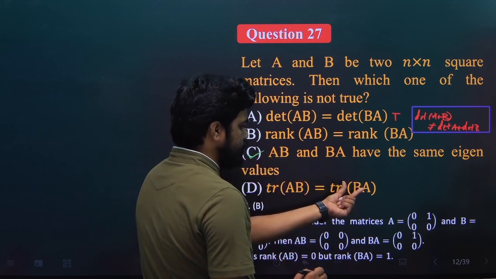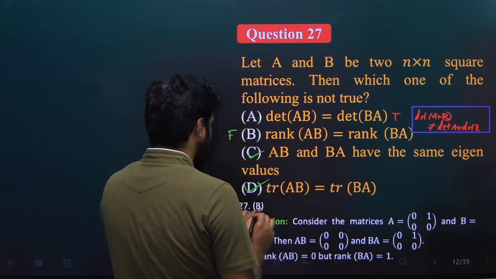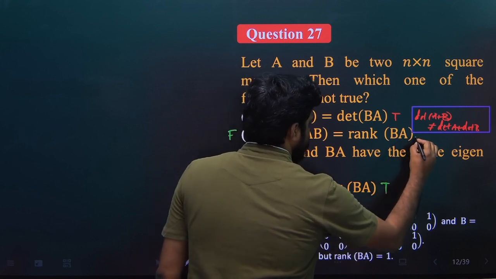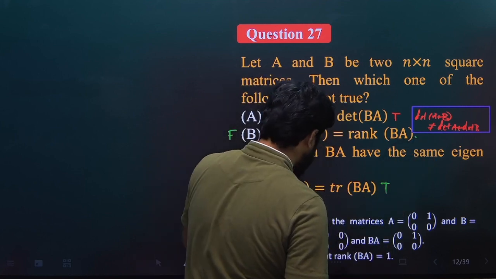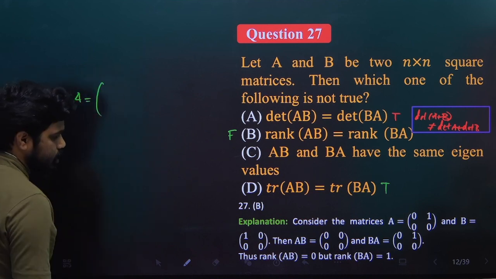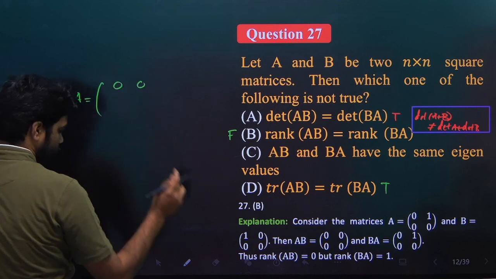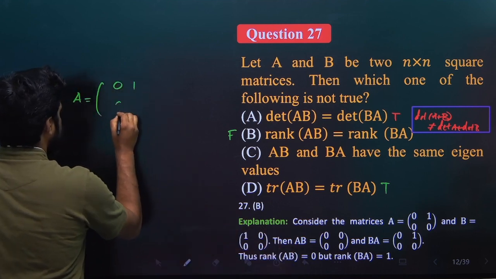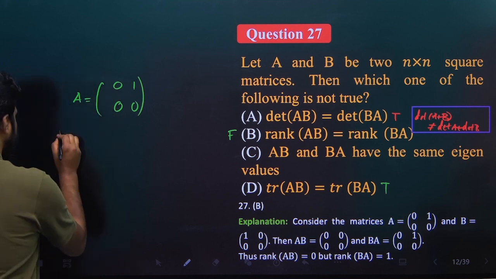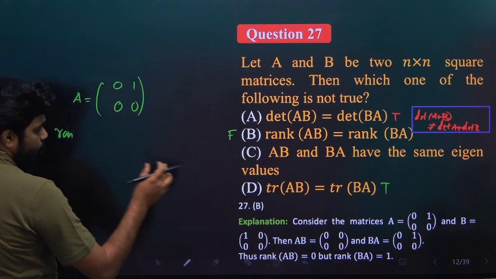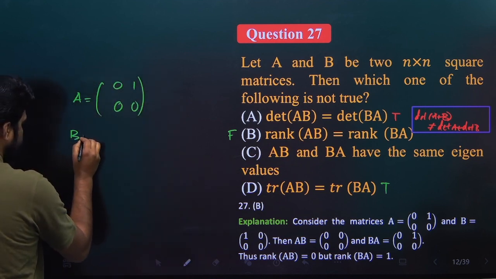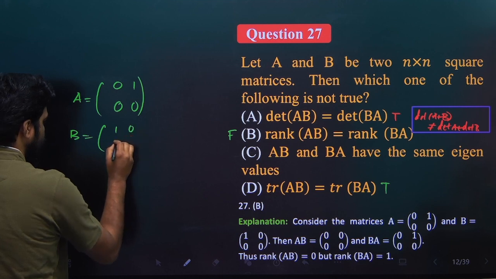Trace of BA is equal to trace of AB. This is a property of trace, so this is also true. This is false. Why is this false? Suppose we consider A equal to 0 1 0 0 and B equal to 1 0 0 0.